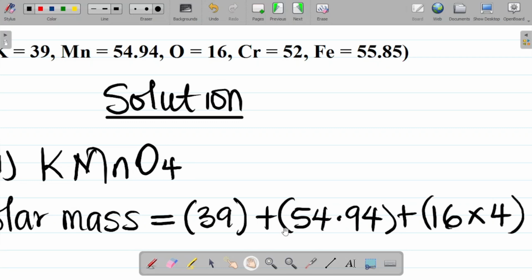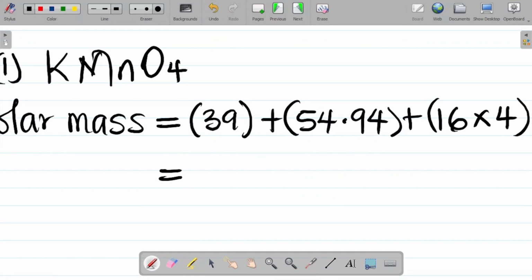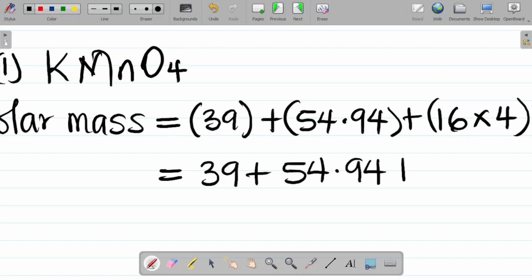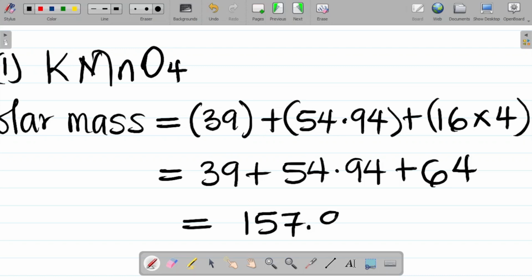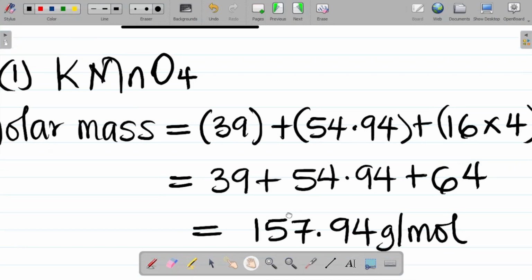All right, this is equal to 39 plus 54.94 plus, the next thing you have there is 16 times 4, which is actually 64. If we sum this up, it becomes 39 plus 54.94 plus 64. And when we add this, we have our answer as 157.94 gram per mole. This is the molecular mass of the compound.